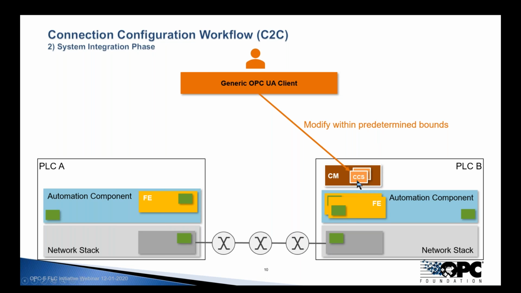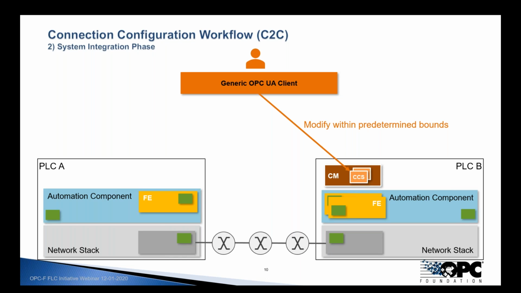I want this information to be changeable, for example the name and the IP address, maybe also allowing the publication interval to be tweaked. So engineer B is able to determine within what bounds the generic OPC UA client is able to make changes.